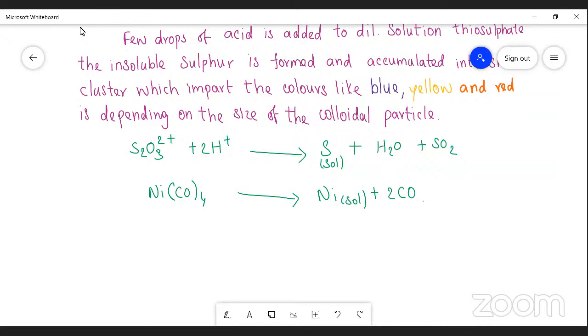The last one is the physical method, that is exchange of solvent.